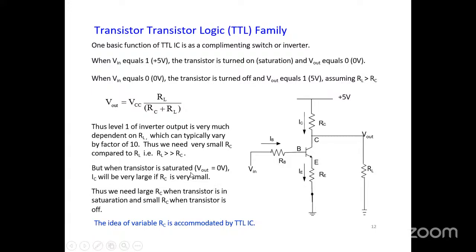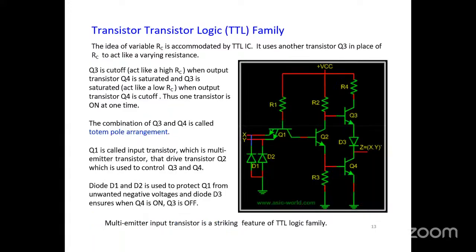When the transistor is saturated, this is what I discussed just now. Thus, we need a large RC when the transistor is in saturation, and a small RC when the transistor is off. Then again in TTL logic, the idea of RC is accommodated by the TTL IC.